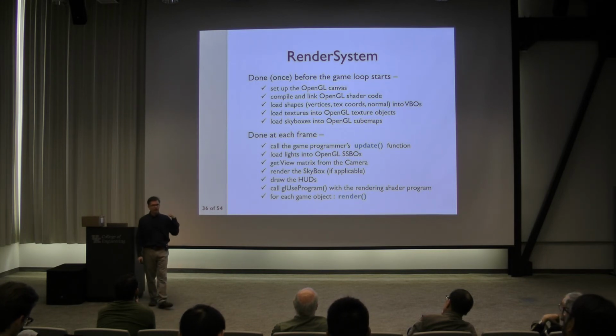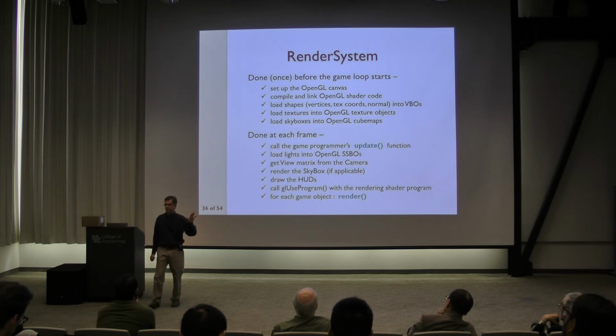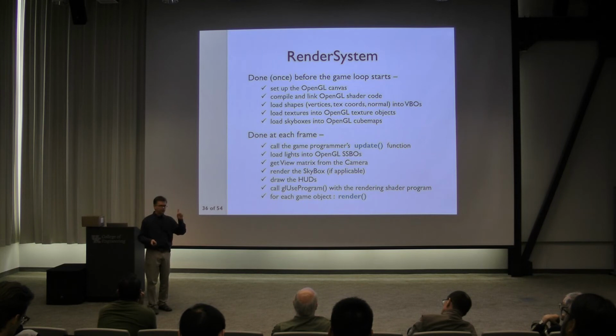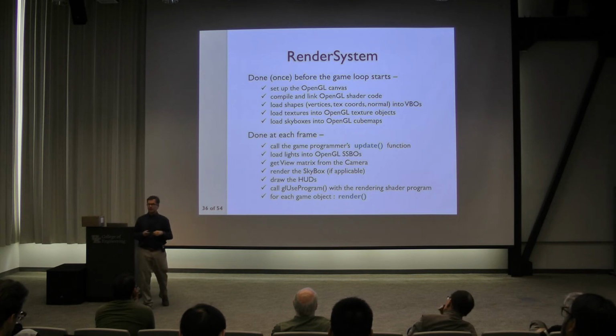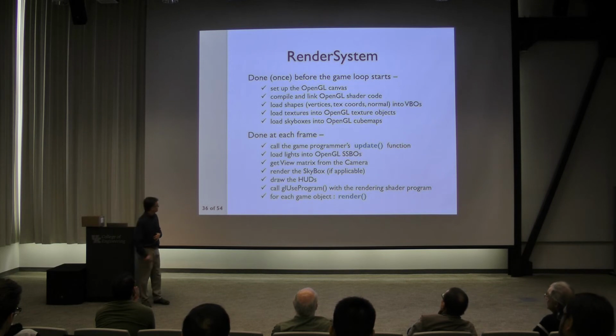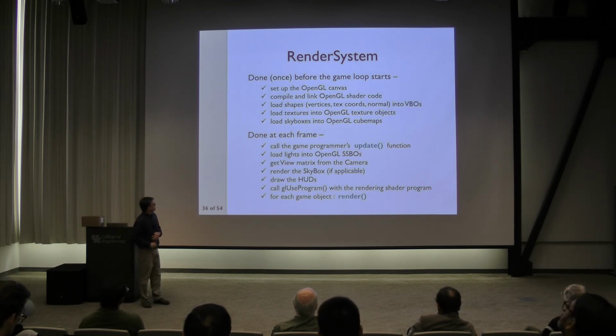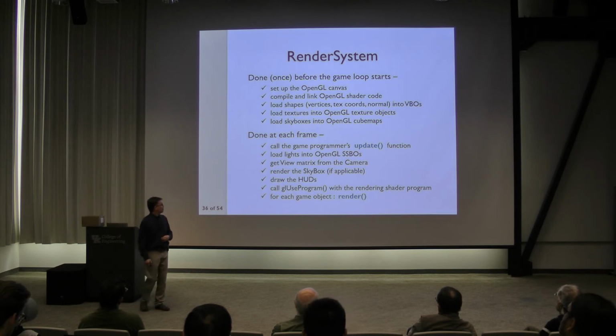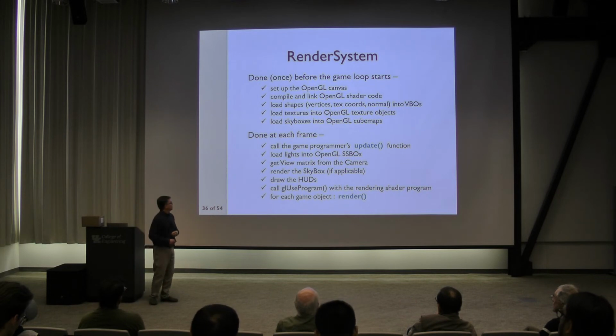So in my tiny game engine, I said you can't load another object from the disk once the game starts. Any sort of a shape, not objects, you can make new objects, but shapes that are actually read in from the disk, you have to read in every shape you could possibly need in that game before the game starts, even if they end up not being used. And then at every frame, the engine is going to call a function that the programmer is expected to write called update.